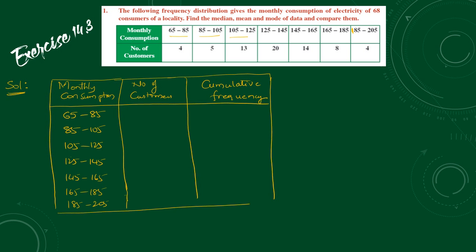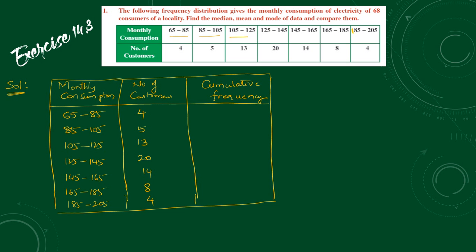Next, writing their corresponding frequencies: 4, 5, 13, 20, 14, 8 and 4. These are the frequencies corresponding to those classes.